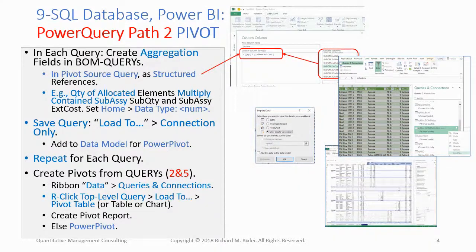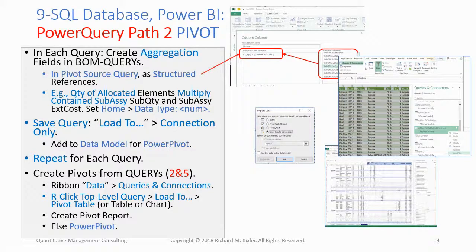In the Custom Column pop-up pane, name the column something like alloc sub quantity. Select from available columns to create equals quantity times tablebomb.subquantity, field names in brackets, and click OK. Remember to set the Query Editor Home tab, data type, to whole number or an appropriate numerical type.